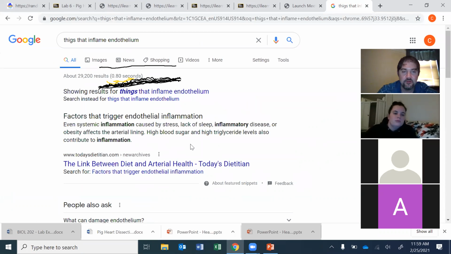Factors that trigger endothelial inflammation: stress, the stress response, lack of sleep. So not getting enough sleep can inflame your arteries and make it easier for plaque to attach. It's inflammatory diseases of different kinds: obesity, high blood sugar, high triglycerides, smoking, doing drugs.